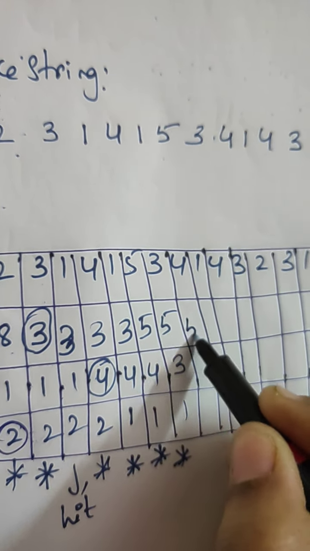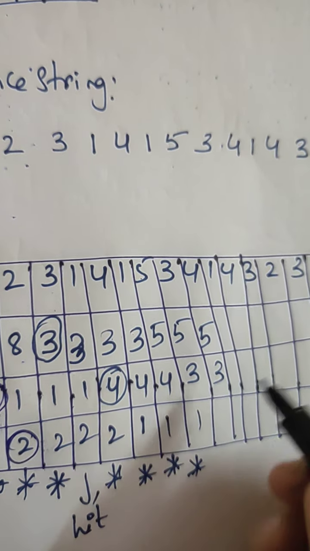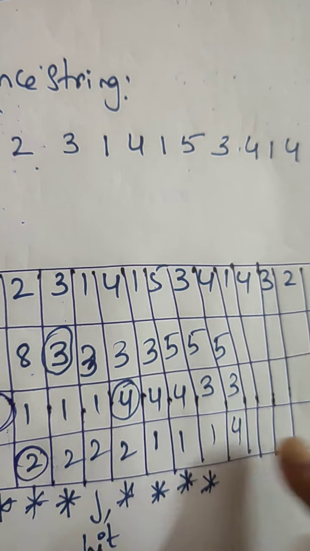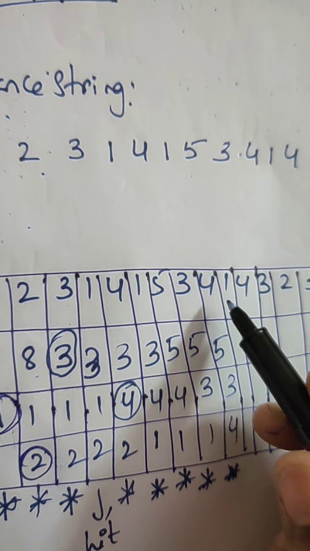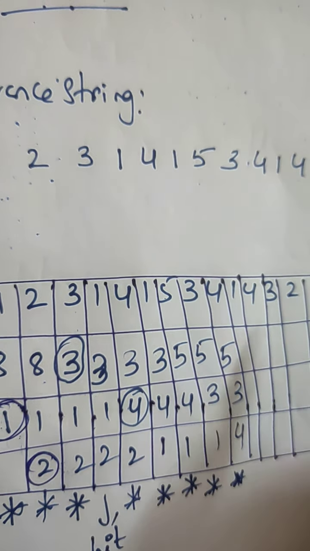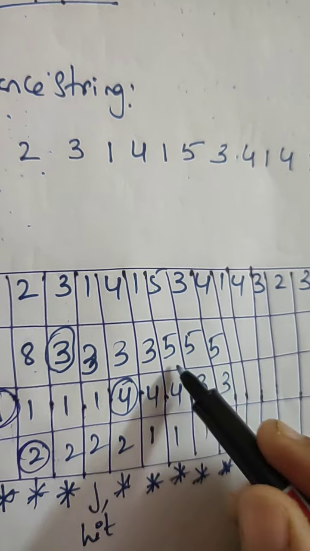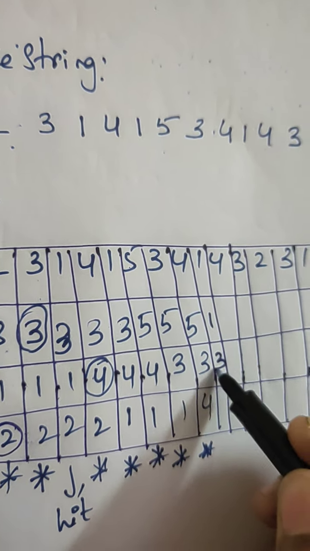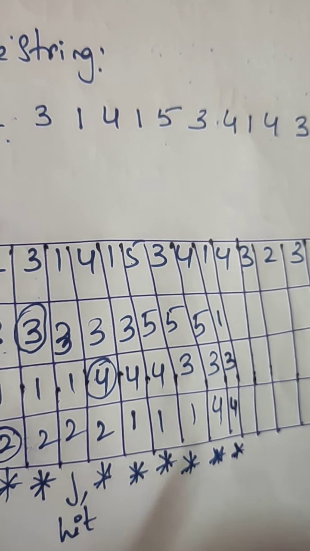After 4, the 1 came, so in the place of 1 you put 4: 5 3 4. Next page is 1. After 1, the oldest is 5, so in the place of 5 write down 1: 1 3 4. Here also the page fault occurs.